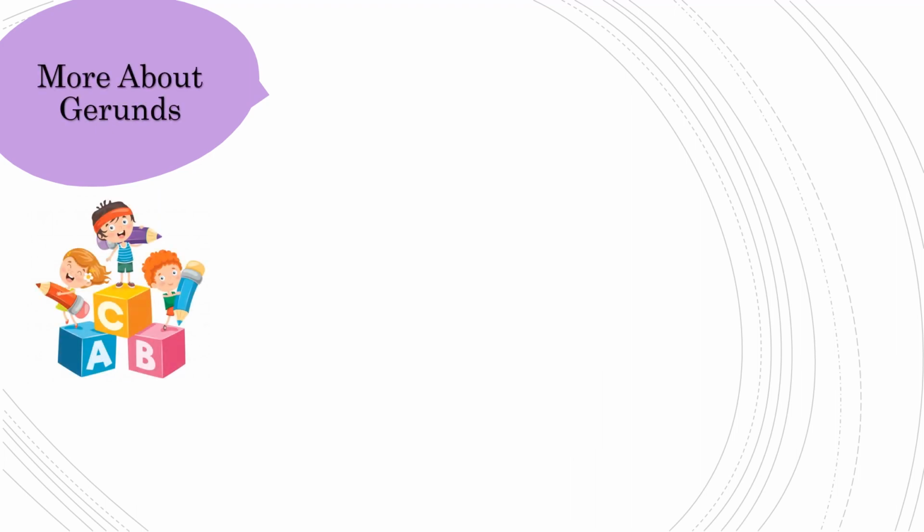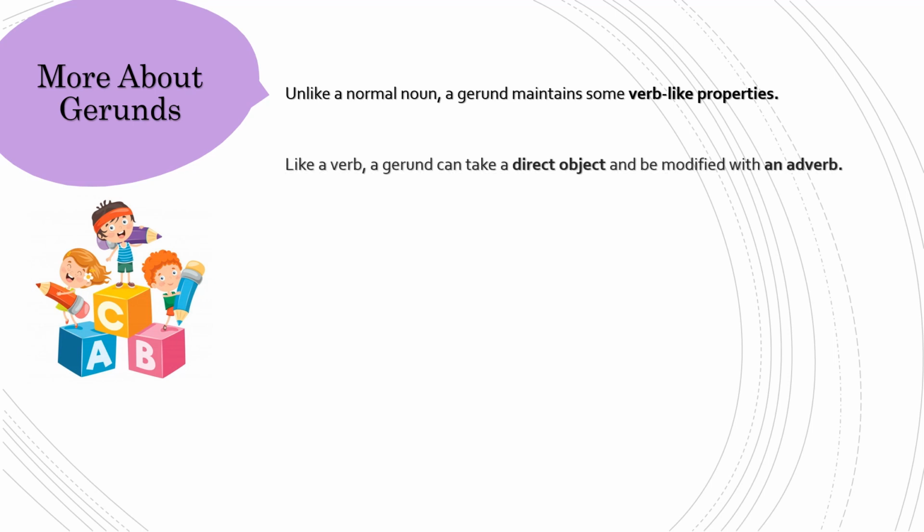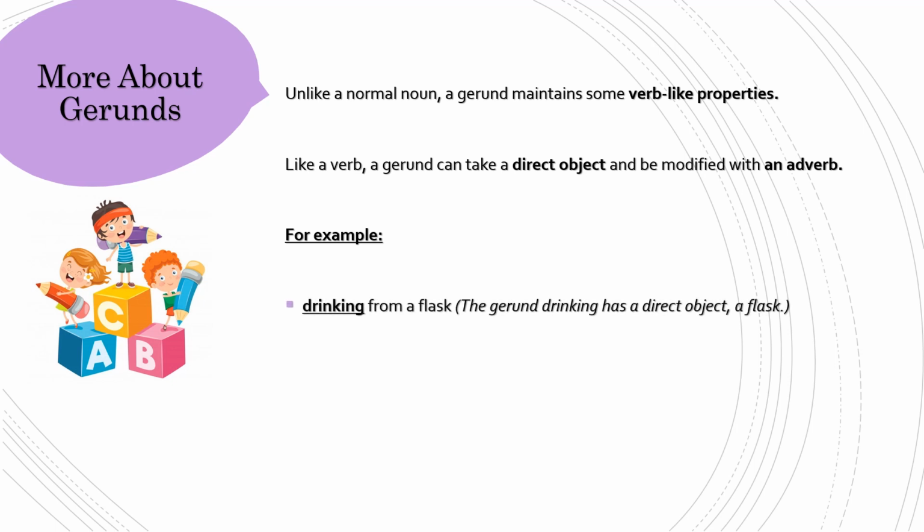More about gerunds. Unlike a normal noun, a gerund maintains some verb-like properties. Like a verb, a gerund can take a direct object and be modified with an adverb. For example, drinking from a flask.